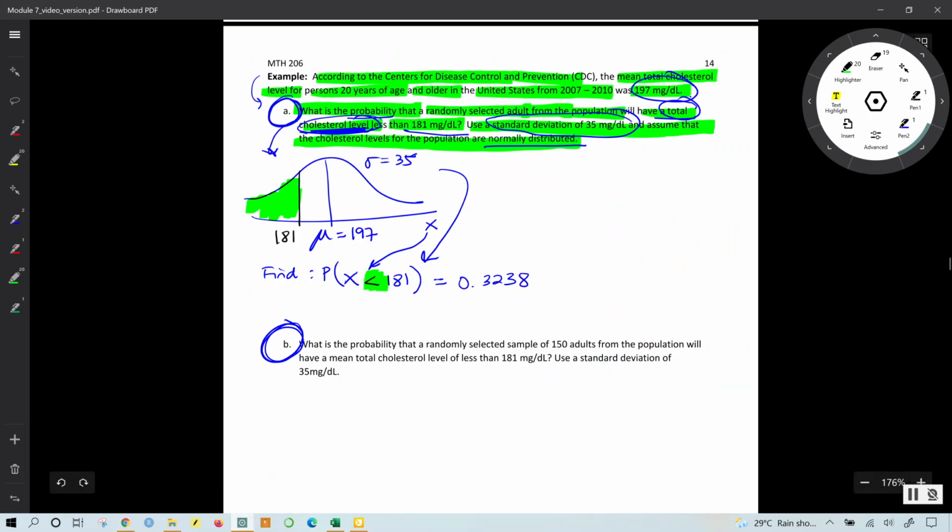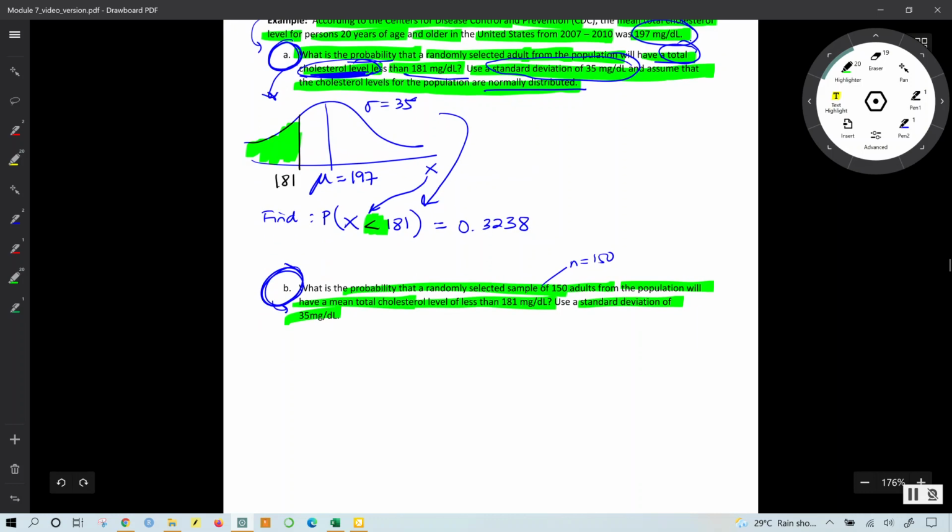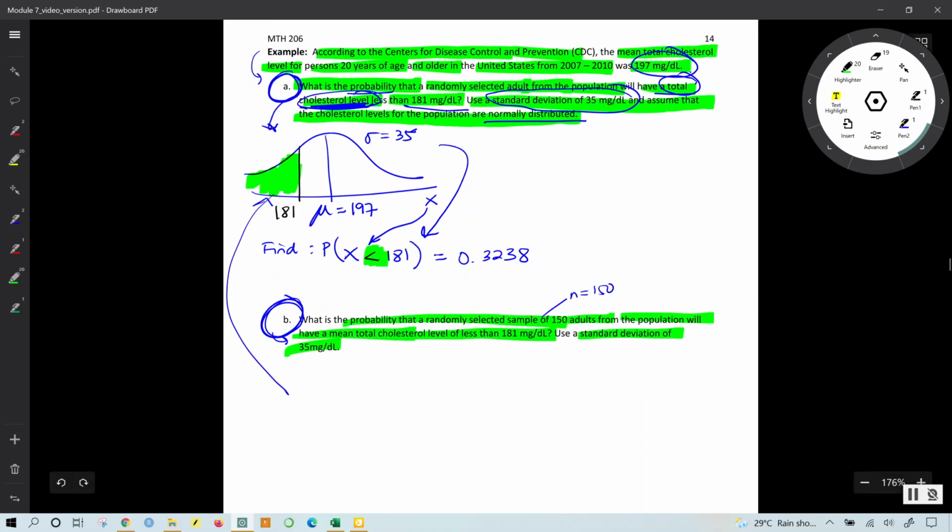0.3238. Then for question B, what is the probability that a randomly selected sample of 150 adults, so n equals 150, from the population will have a mean total cholesterol level less than 181? We're going to use the same parent population standard deviation. So in this case again, we're starting off with this parent population, but the difference is this.